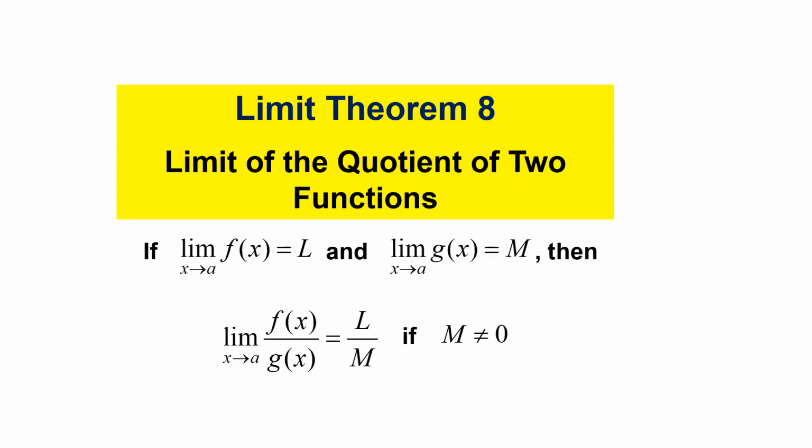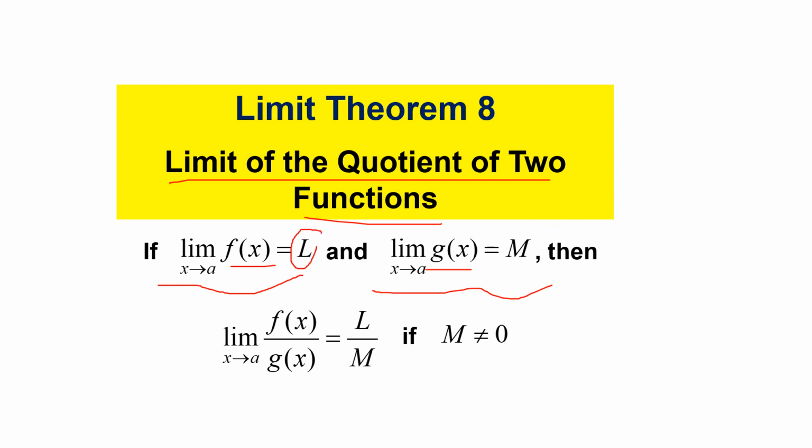For limit theorem number 8, the limit of the quotient of two functions. Same thing with this one. We're going to use the same limits, f of x and g of x. Same scenario, x approaches a, the limit of f of x will be equal to L. Then the limit of g of x when x approaches a is M. So we simply divide L by M with this condition.